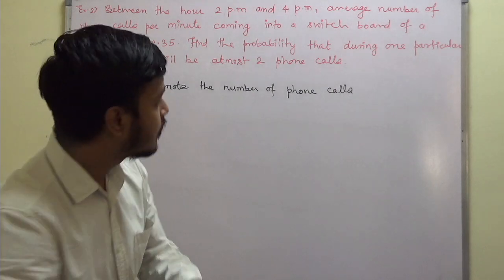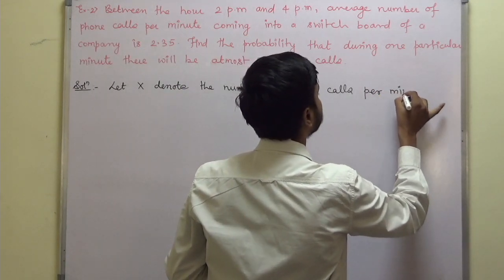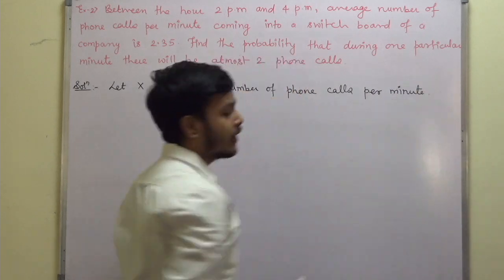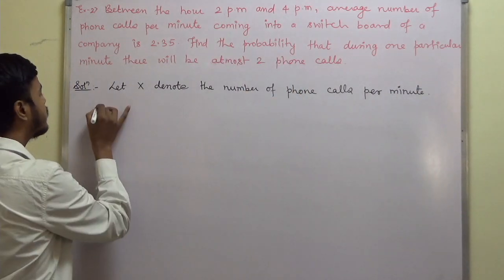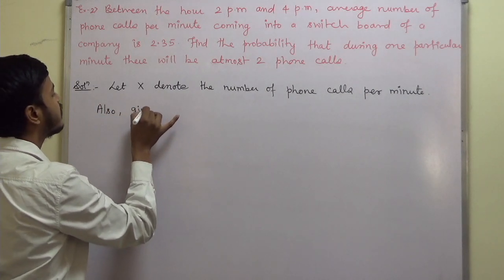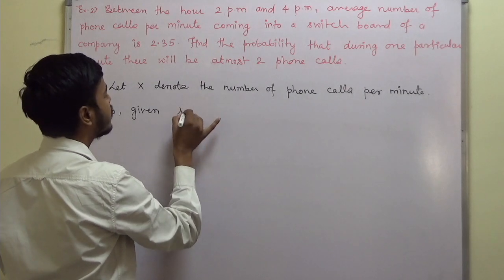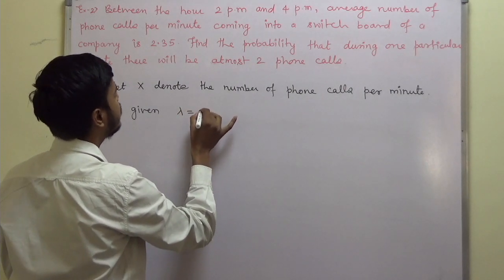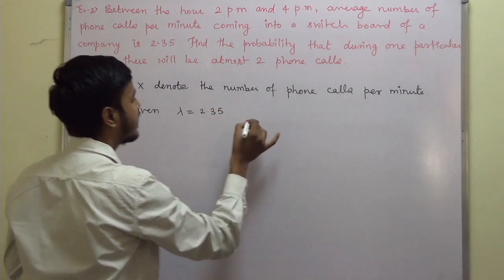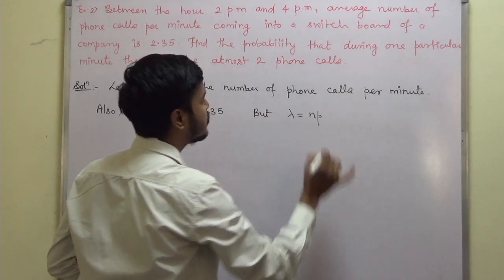Also given, the average number of phone calls, that is lambda, is 2.35, and we know that lambda in the Poisson distribution is equal to np.